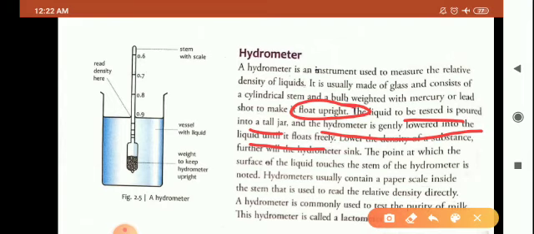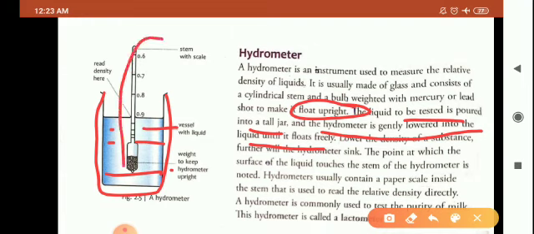Then gently we immerse the hydrometer in that liquid until it floats freely in that particular liquid. Okay.